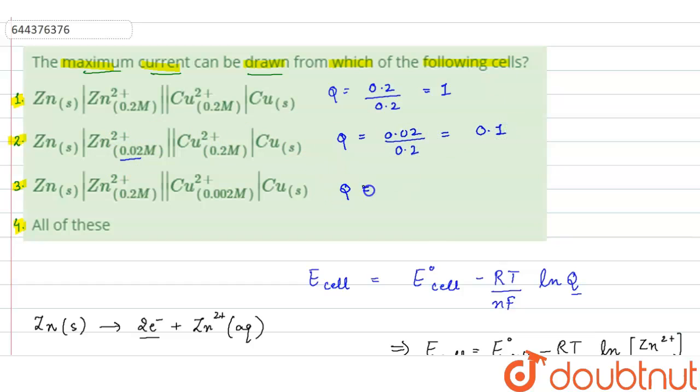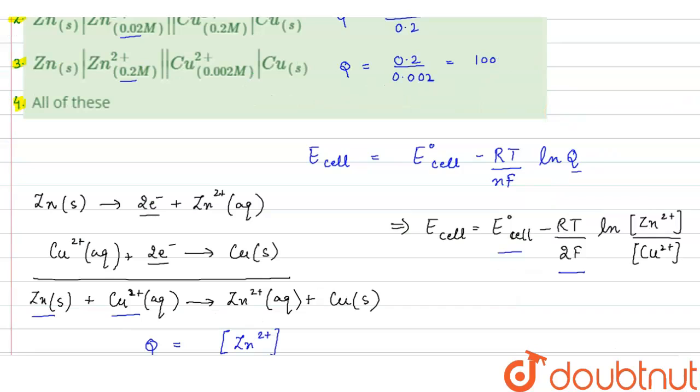Then in the last cell, Q will be equal to the concentration of Zn2+, 0.2, divided by the concentration of Cu2+, 0.002. So it comes out to be 100.